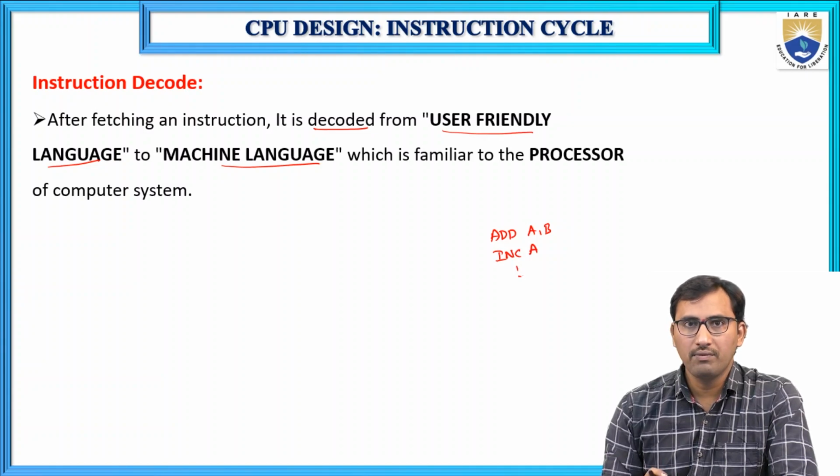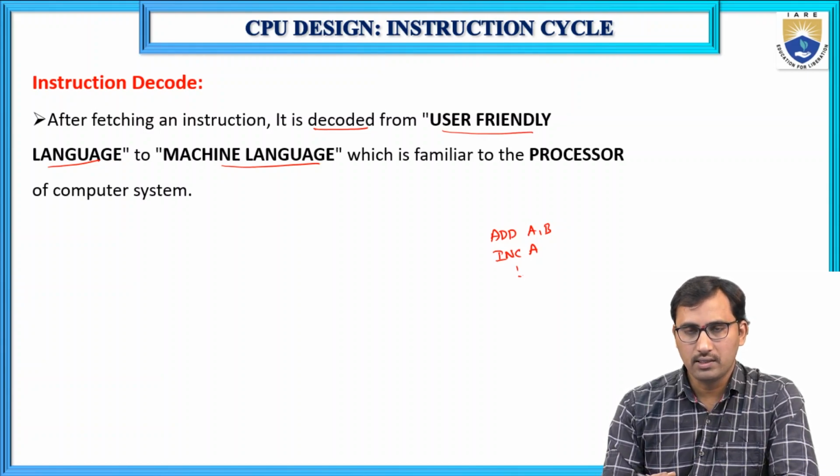As humans we can understand assembly and high-level language, but the machine cannot understand them. That's why we convert the human-understandable language into machine-understandable language.